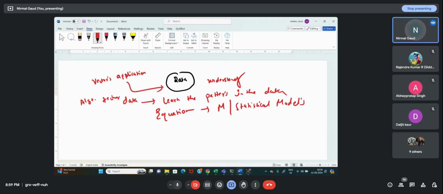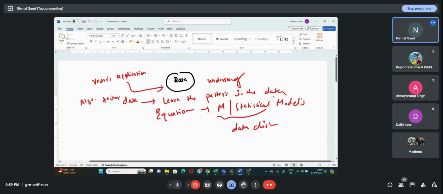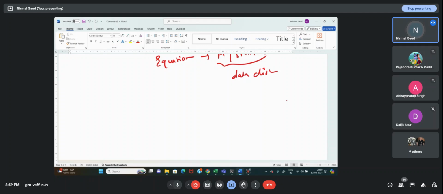The only goal is, what does this math and statistics do? To understand the data distribution. So why are we focusing upon the vectors? Because they mean to identify the pattern. If a point is present here and another point is present here, can I reach from here to this particular point?